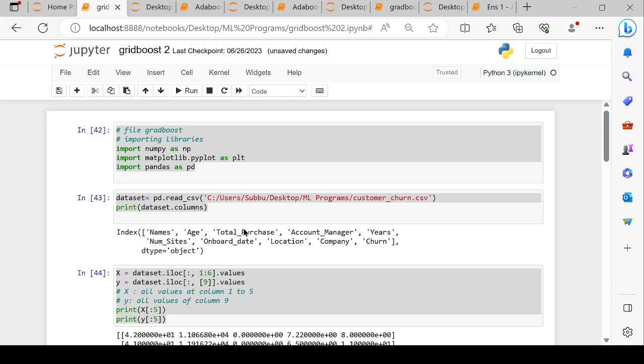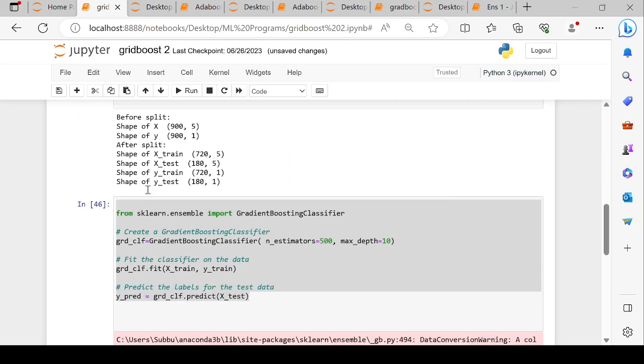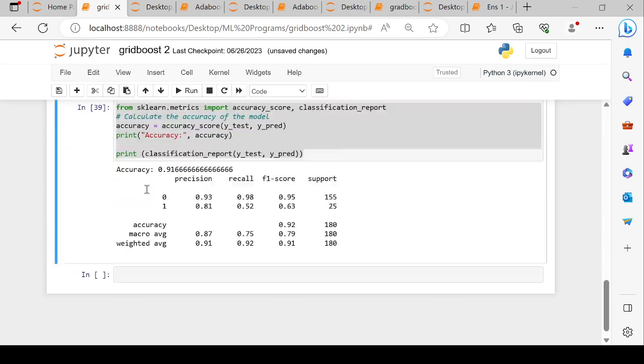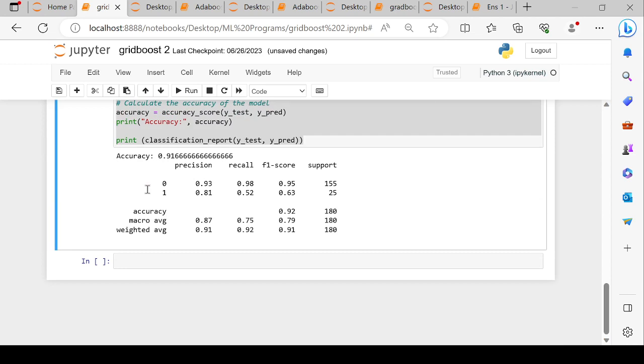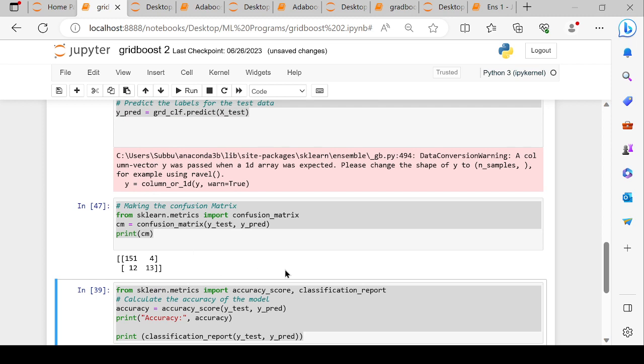So go through the slides again and again. Experiment with these programs on your computer and get confidence that the boosting algorithms definitely help in improving the accuracy of classification. Okay, that's all for now. Until we meet again. Bye bye.